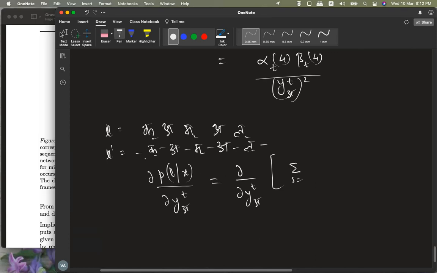So my s will take values 0, 1, 2, 3, 4, 5, 6, 7, 8. Then alpha_ts, beta_ts, and divided by y.